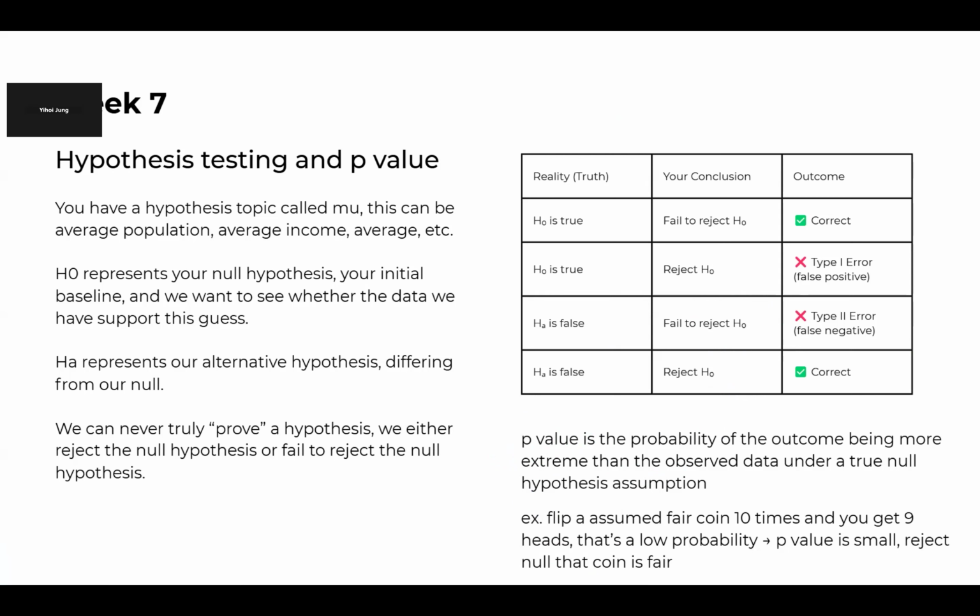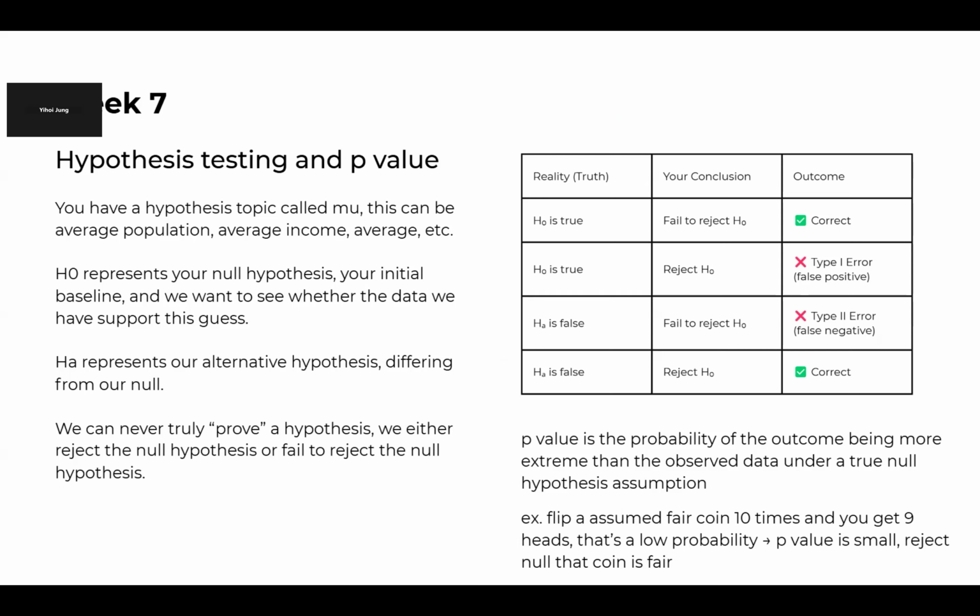So we have our null hypothesis, and let's say we see a distribution of our observed outcomes. If we set our level of significance to 0.05, then if it's on that tail end of 0.05, it's more extreme than our observed data.